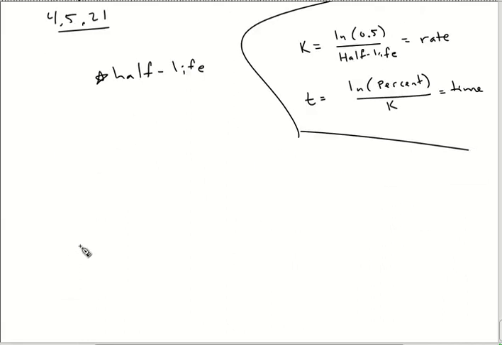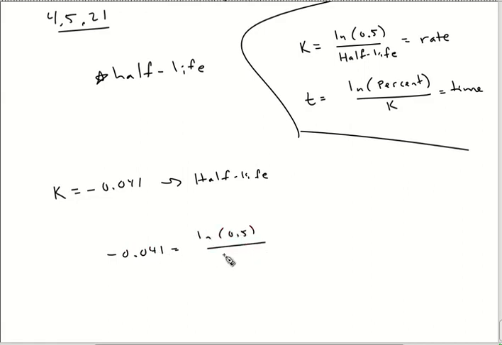In this particular case, they say K, my rate, is equal to negative 0.041, and they ask, what is the half-life? Now, this is actually a new problem to us. Our 1414 class didn't do this, I don't think, but we can use this formula to get what we want. So I'm saying 0.041 is equal to ln of 0.5 divided by the half-life, which I'm just going to call HL.